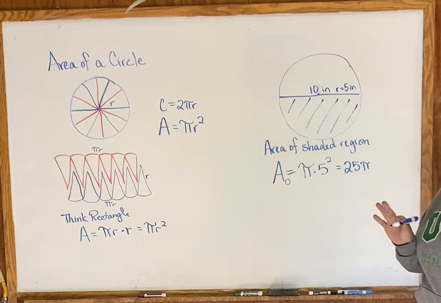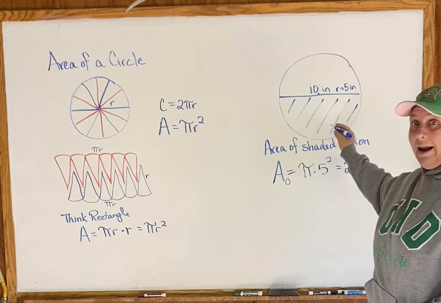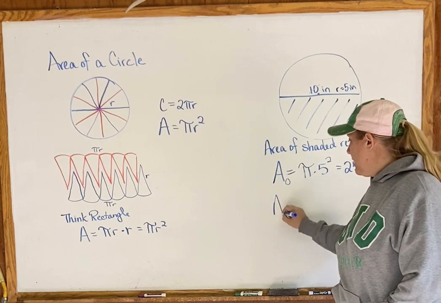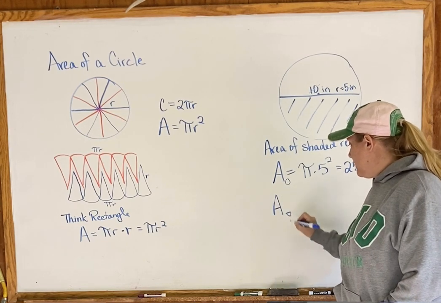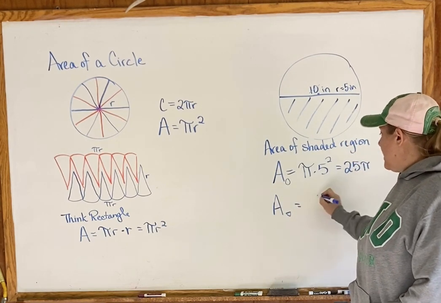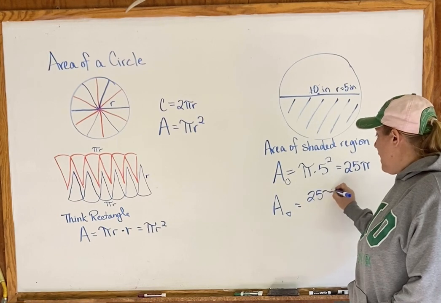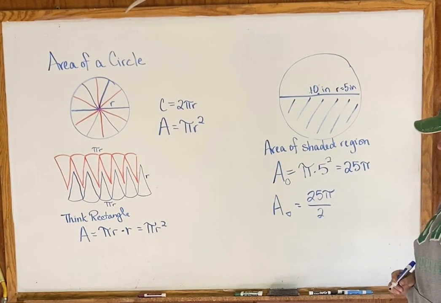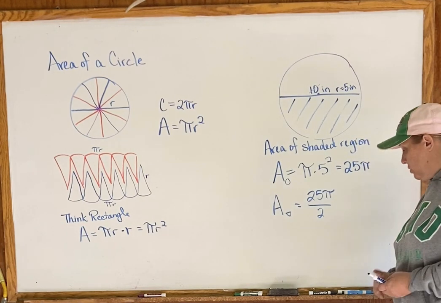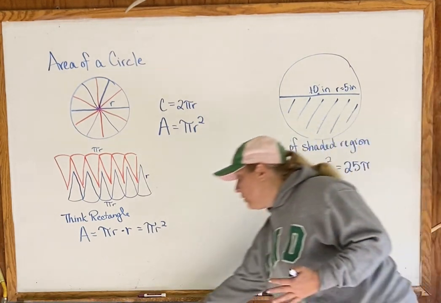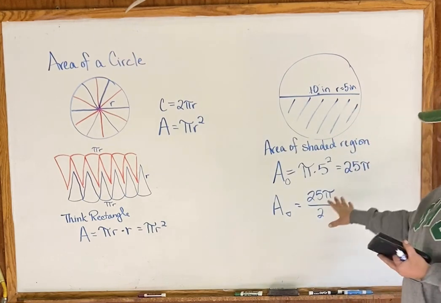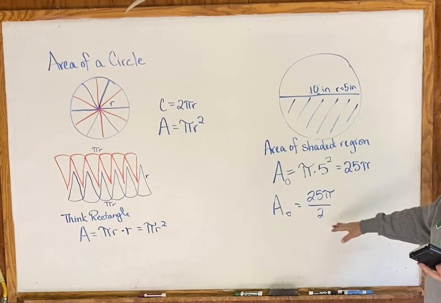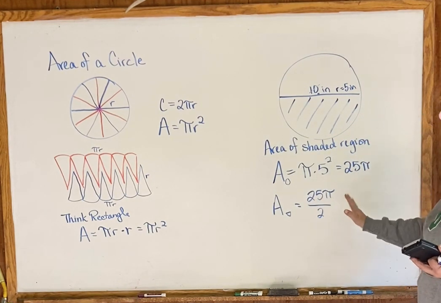But we don't want the whole circle, do we? We only want half of it. So the area of half the circle, we're going to take our 25 pi and divide it by 2. Now, as we talked about, mathematically speaking, this is a perfect answer. There's nothing wrong with that. There's no reducing, you just leave it, it's perfect.